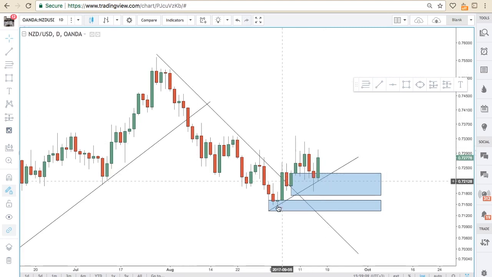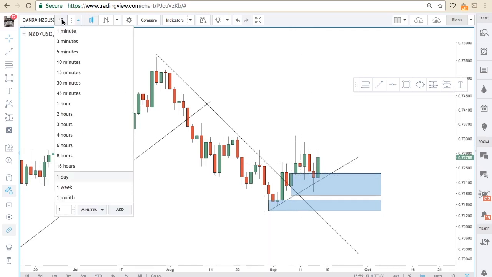Why is this a demand zone? One, because it broke this daily downtrend line, right? And because this area broke this previous high with this candle here. So this becomes a daily demand zone.